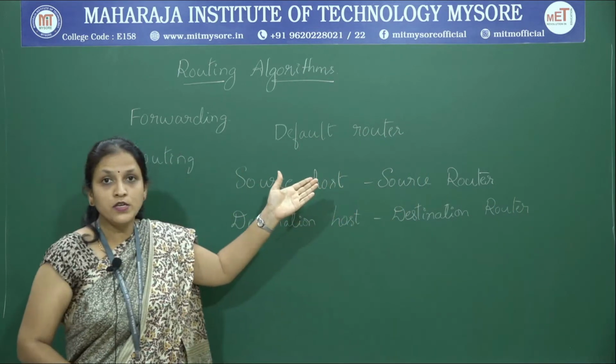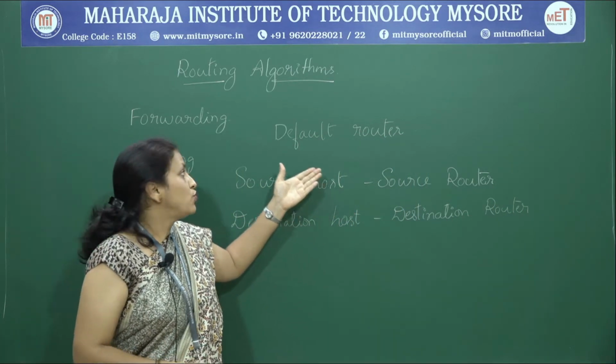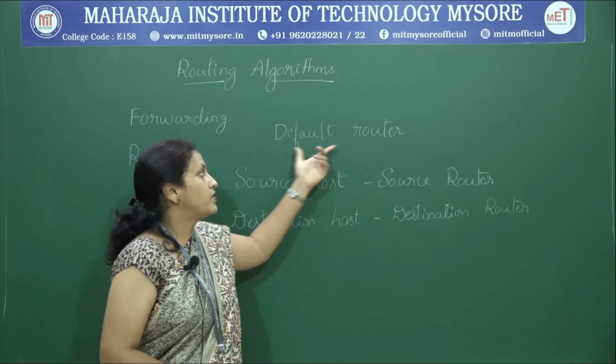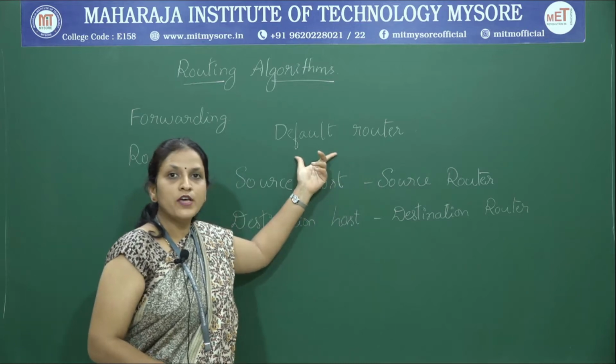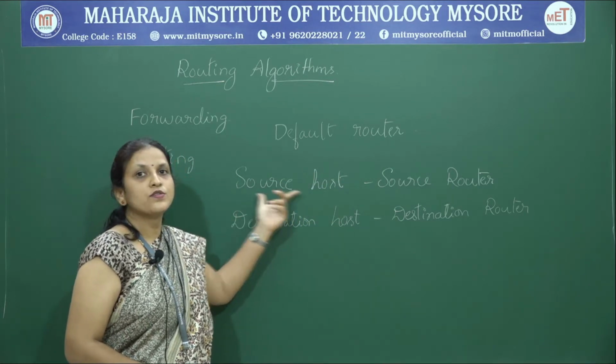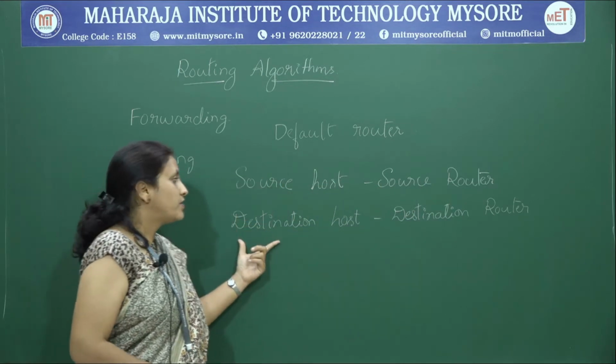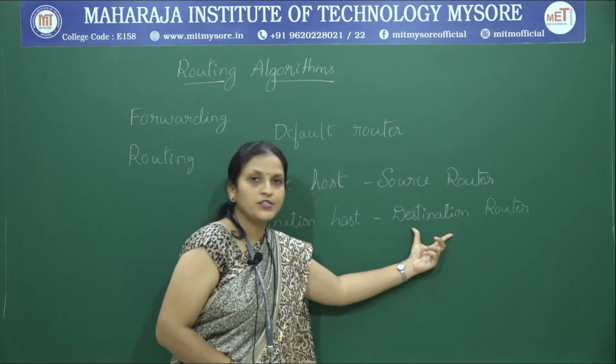So any host is connected to its nearest router, that is called the default router. The default router at the source host is called the source router, and the default router at the destination host is called the destination router.